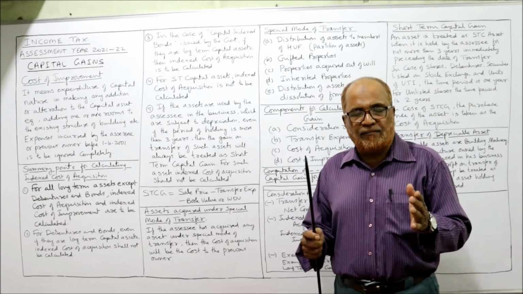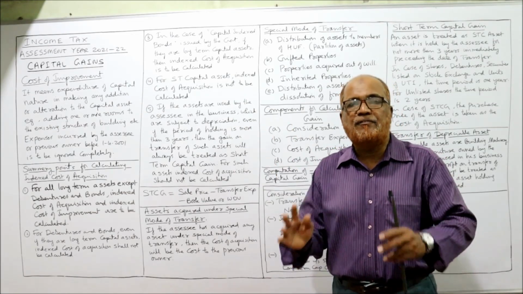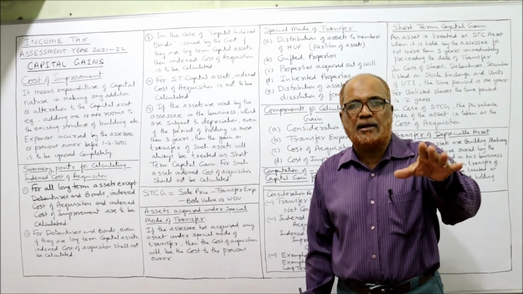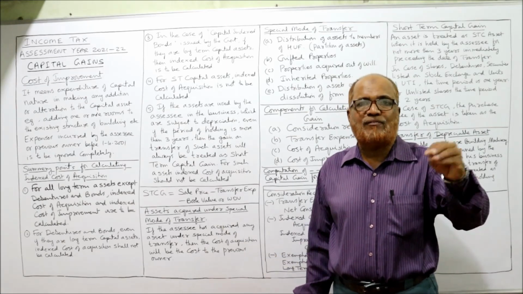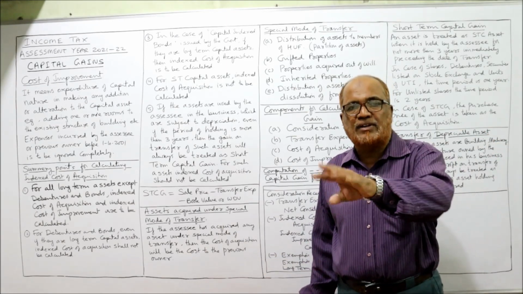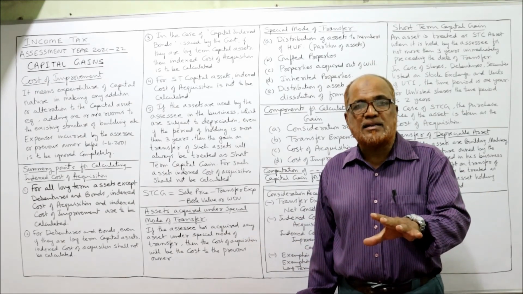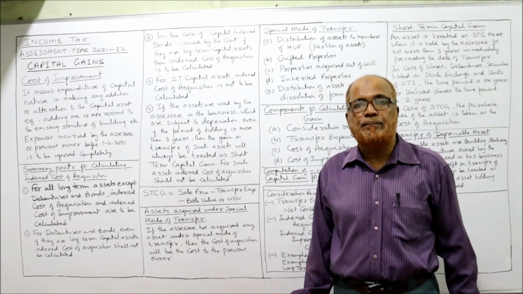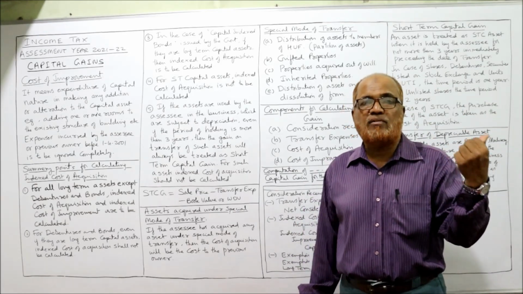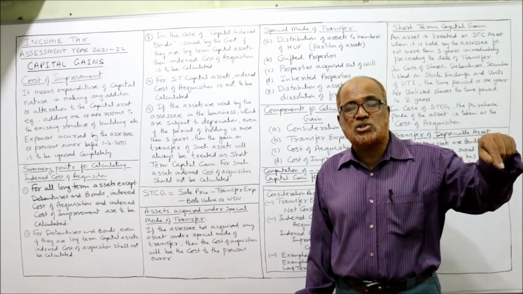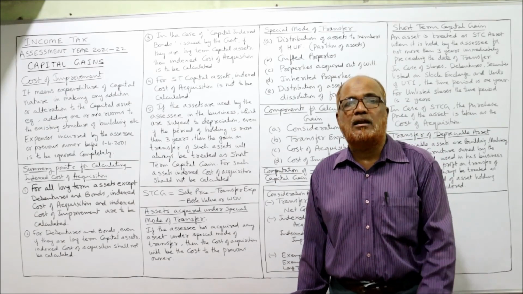Example, if a person has transferred a building to his son, gifted the building in the name of his son. Now, the son has not paid anything to the father. Father has gifted the property to son. It's a special mode of transfer. The Income Tax Act says if son sells the property, then the cost of acquisition is the cost to the previous owner. Previous owner was father. So whatever is the cost of acquisition to the father, that is the cost of acquisition to the son.